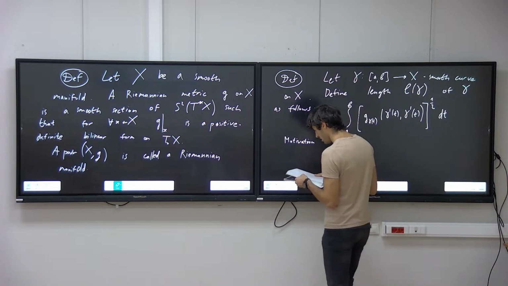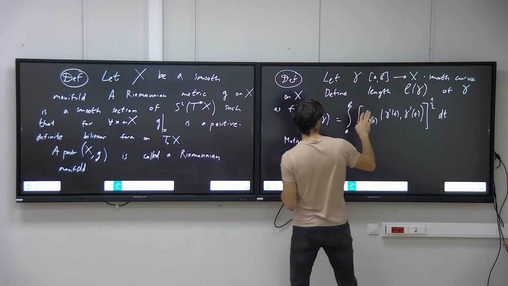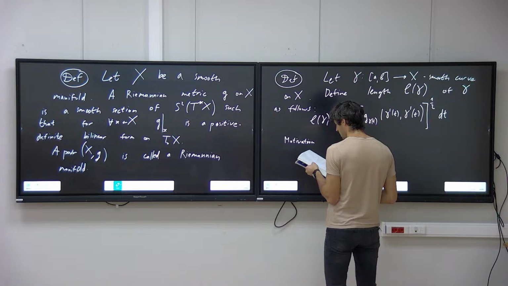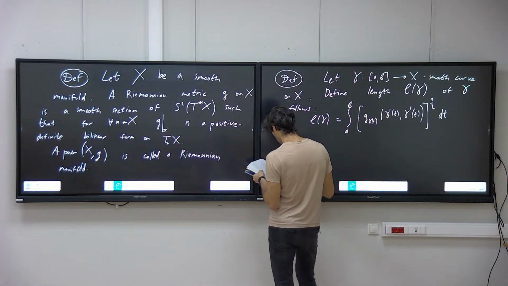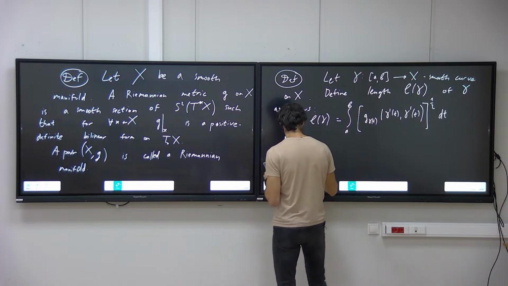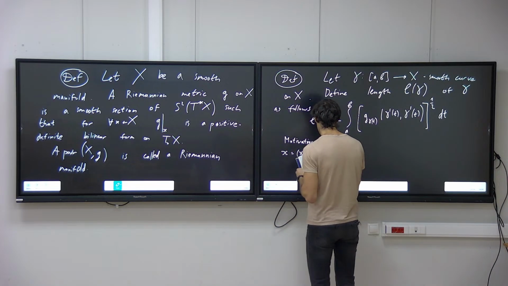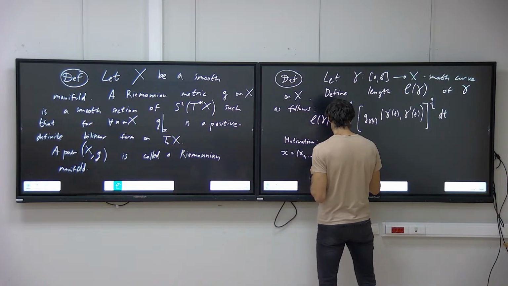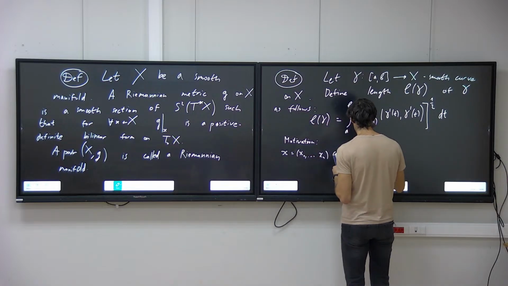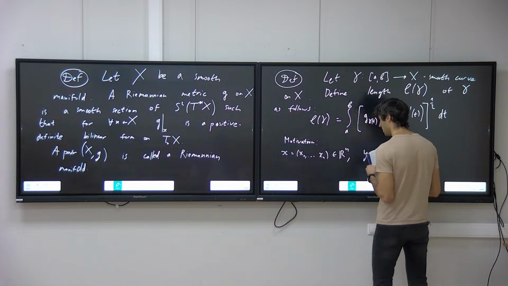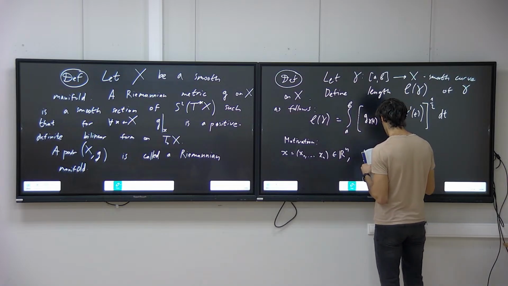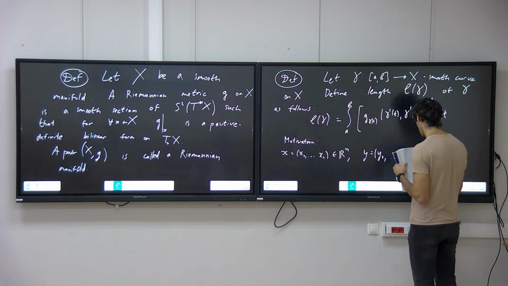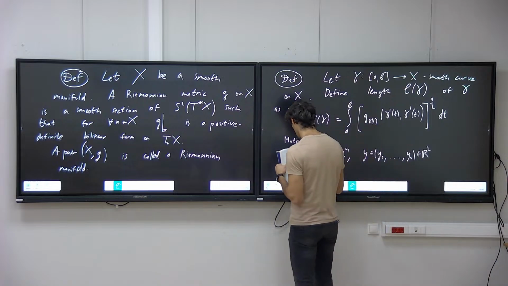So if I have X equal to R^n, and I have the usual two points, so I have x with coordinates x_1 through x_n in R^n, and I have y, which has coordinates y_1 through y_n, another point in R^n. So how do I compute the distance between y and x?